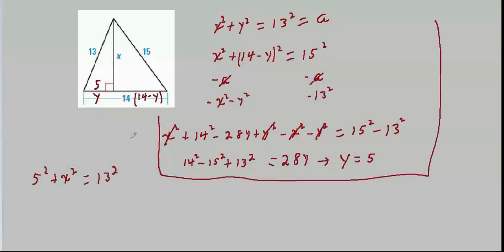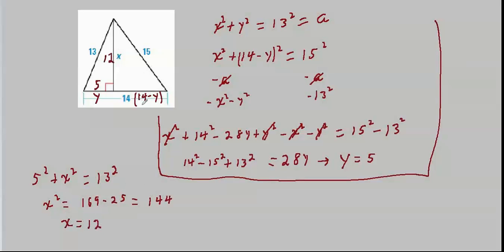Now we're going to find x. And we have that x squared equals 169 minus 25. And that's 144, but 144 is just 12 squared, right? x squared is 144, so x equals 12. We can put that in here, and now we've found everything.